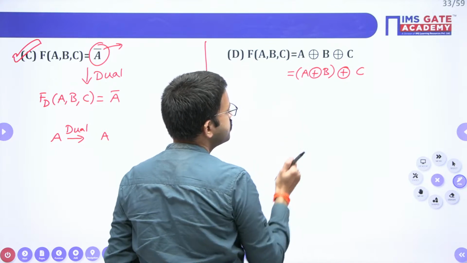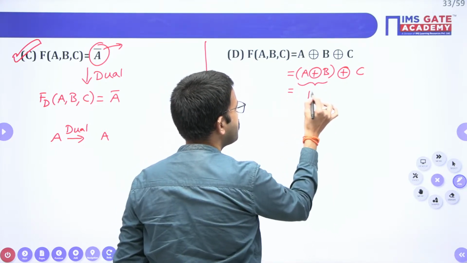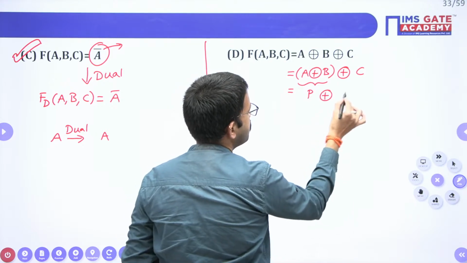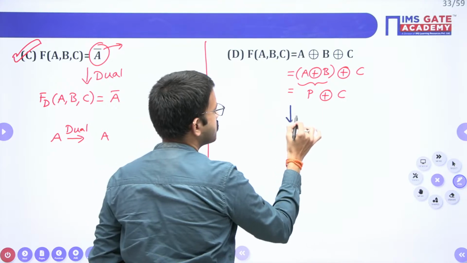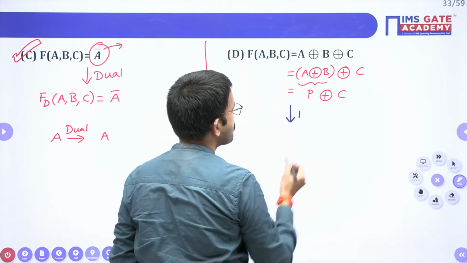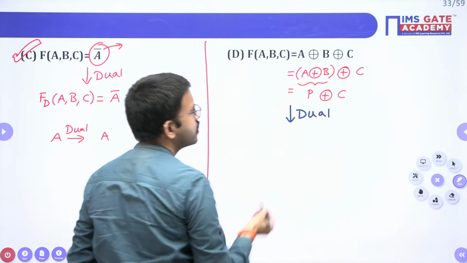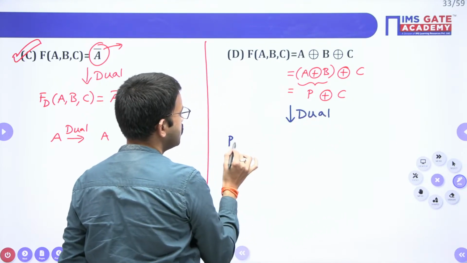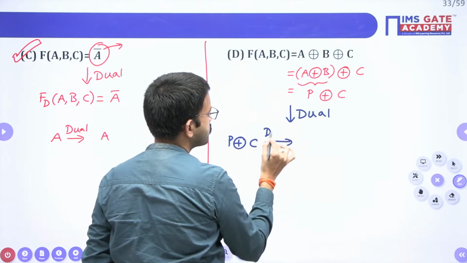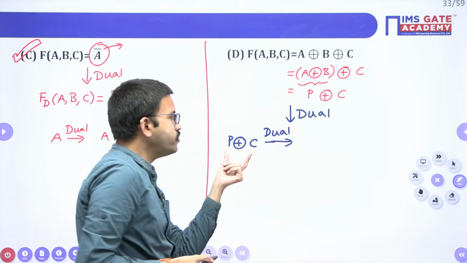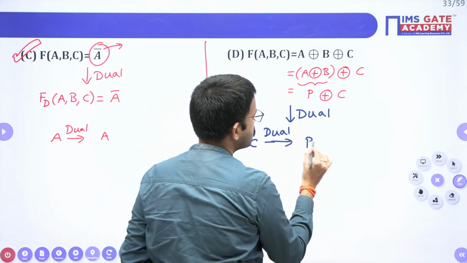Now, for example, you can label this A XOR B as P. So we have P XOR C. Now just apply dual to this. If you have P XOR C, dual means you have two variables with XOR operation, so you will get XNOR.